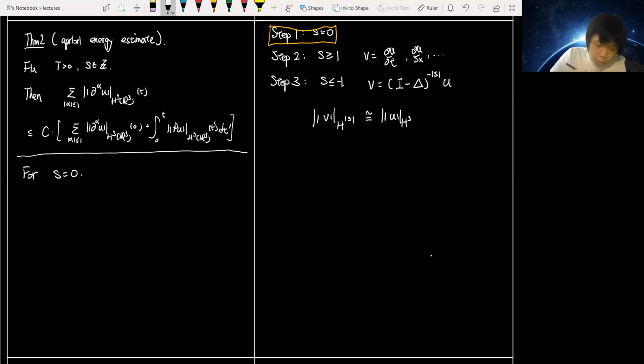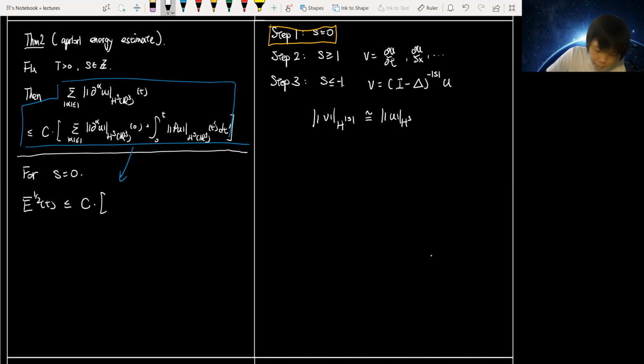For S equals 0, we can rewrite the bound in the following form: E bar a half t is bounded by C times E bar a half 0 plus the integral from 0 to t of the L2 norm of Pu.